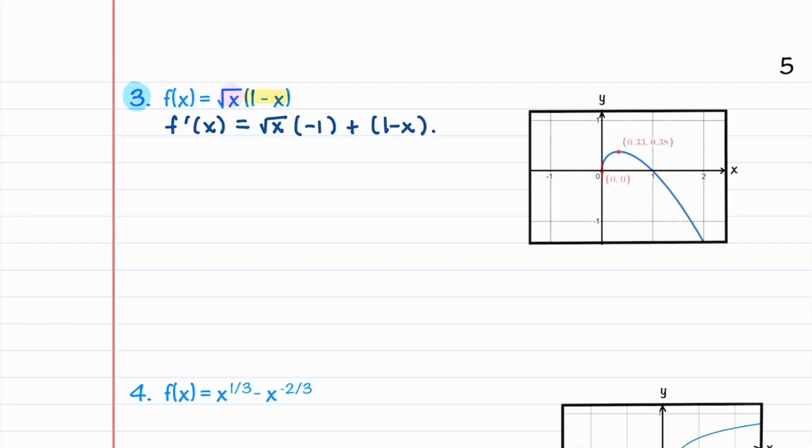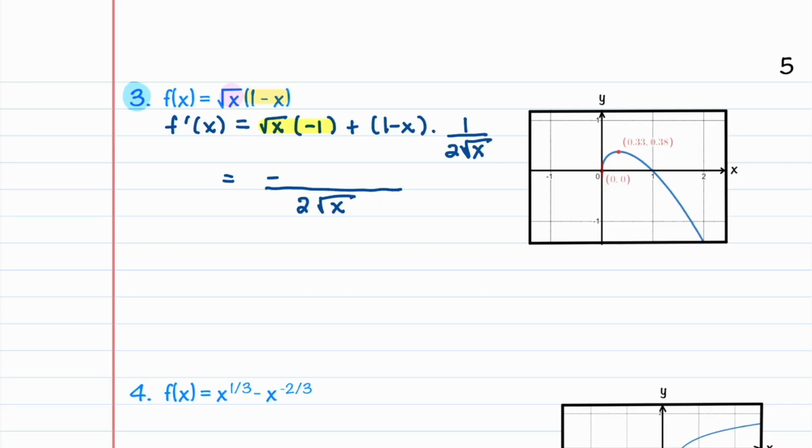The derivative of the square root of x is 1 over 2 root x. If you haven't memorized that, that's probably worthwhile memorizing. It just saves time. Now we need to simplify this. Let's get a common denominator of 2 root x. So we're going to multiply this term by 2 root x.